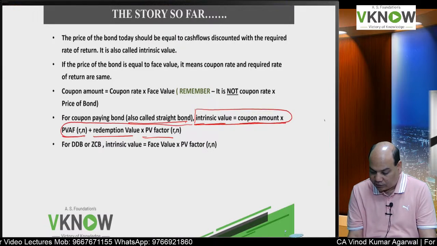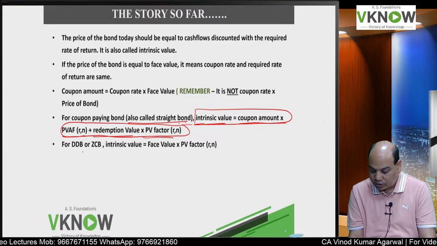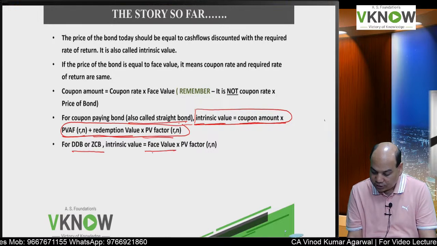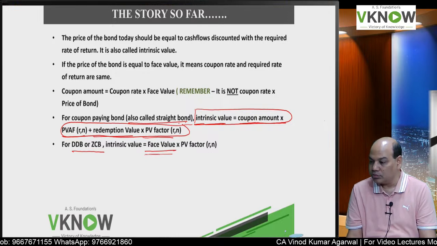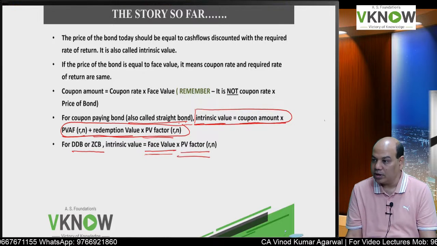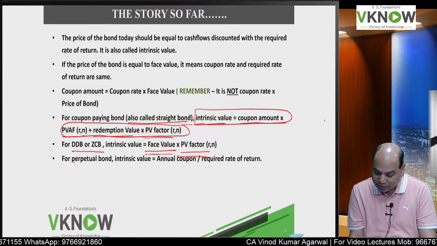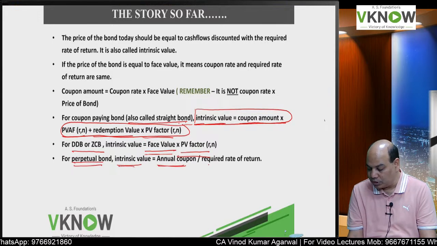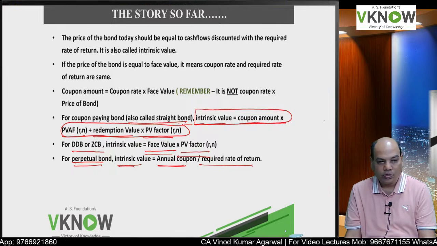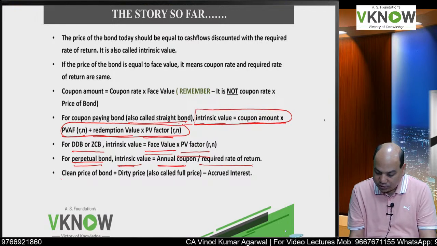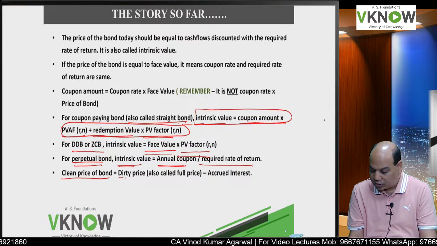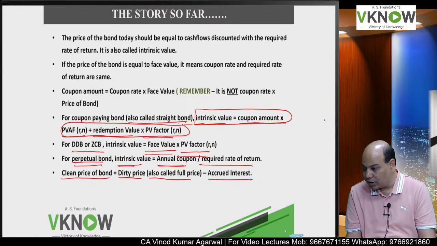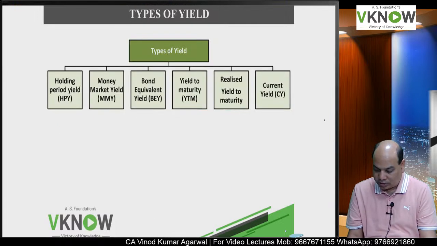In case of a deep discount bond or zero coupon bond, take the face value or redemption value and multiply by PV factor. In case of a perpetual bond, the intrinsic value is annual coupon upon required rate of return. Clean price of the bond is dirty price, also called full price, minus accrued interest.